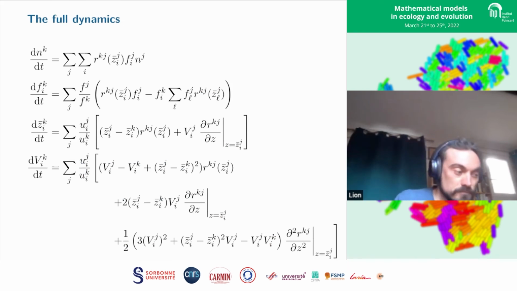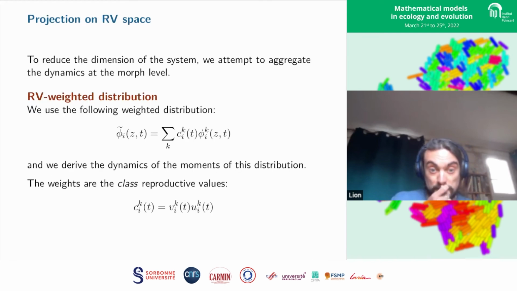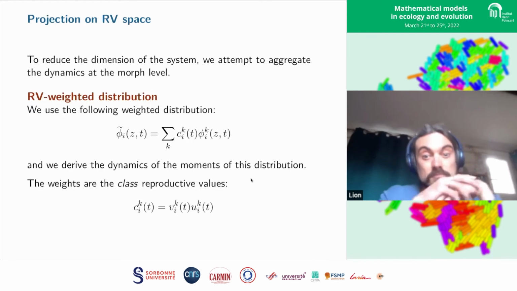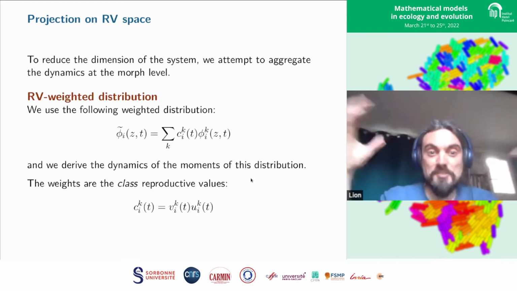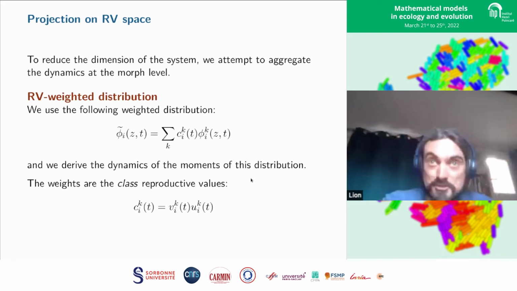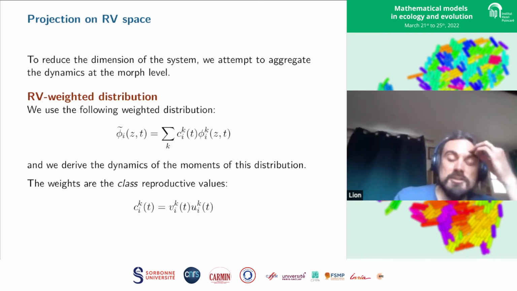And so what we're going to do next is to try to reduce the dimension of the system, and that's where the reproductive values are useful, because we're going to aggregate the dynamics at the morph level. So we're going to average over all classes, but we're going to do this average in a certain way by weighting the morph distributions by the product of these V quantities and these U quantities that I introduced before.